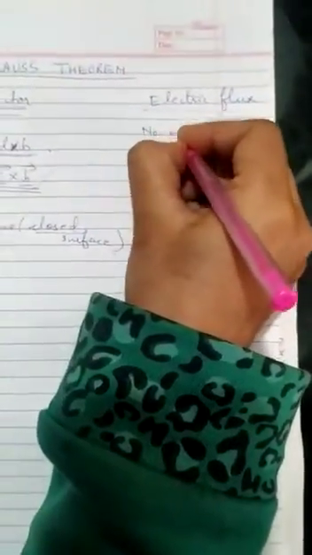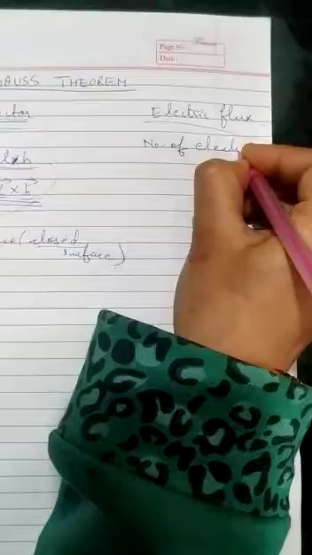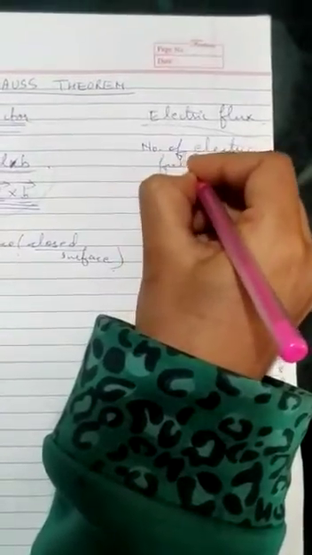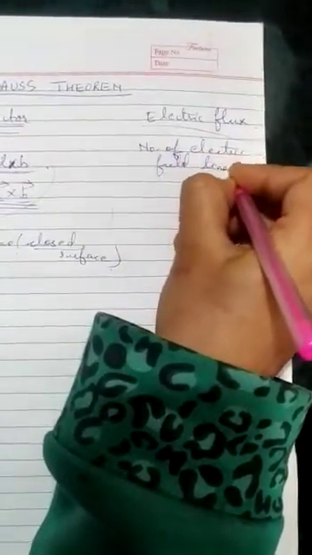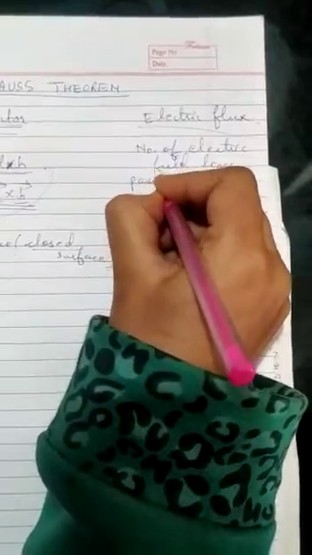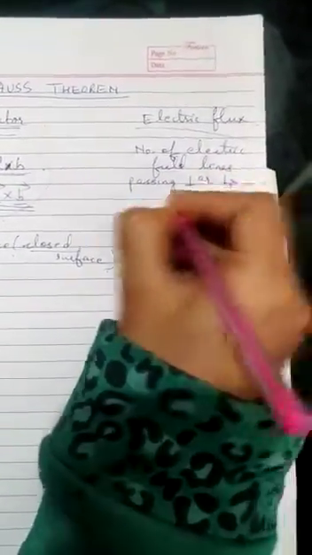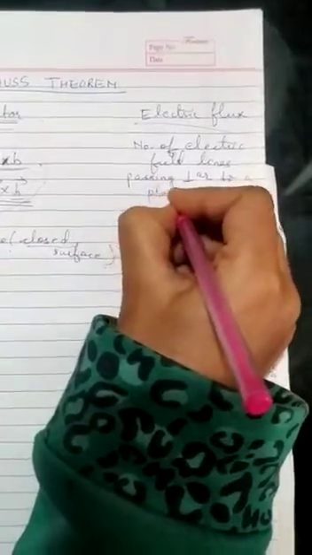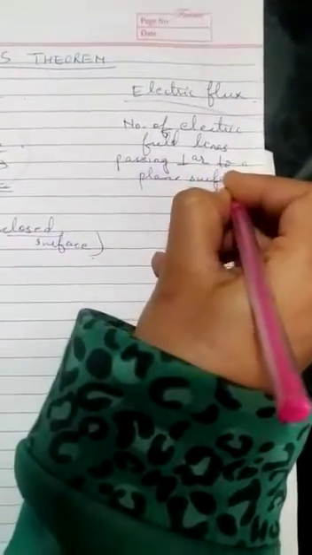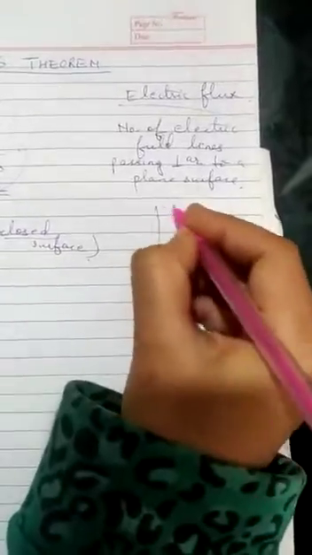Let's proceed to understand electric flux now. It is nothing but the number of electric field lines passing perpendicular to a plane surface. I'll give you a diagram here.